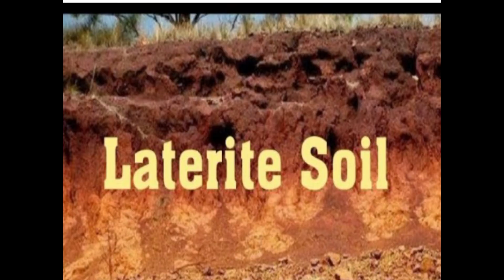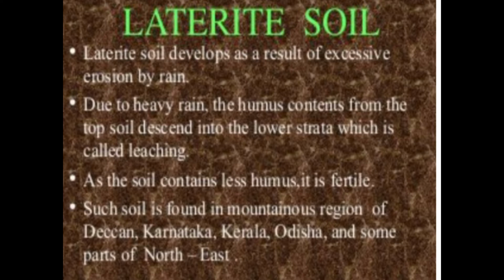The next soil which we are going to learn about is the laterite soil. The laterite soil develops as a result of excessive erosion by the rain. As the rainwater is flowing, it also carries away this soil, and due to heavy rain, the humus content from the topsoil descends into the lower strata or the lower levels, which is called leaching or washing away.